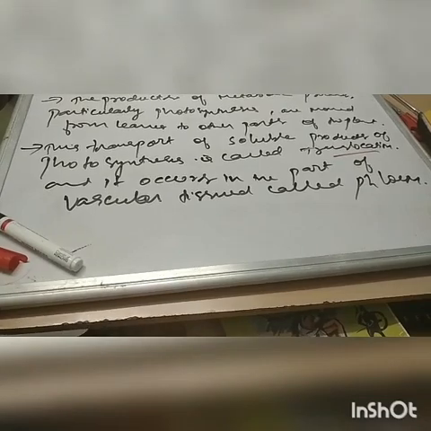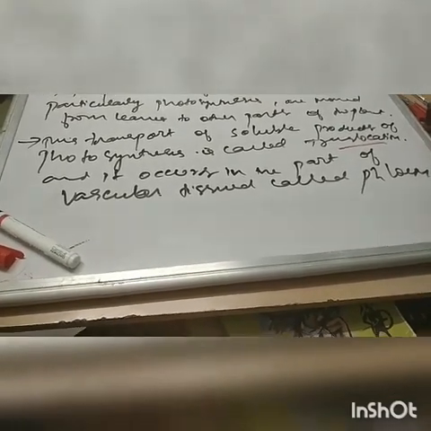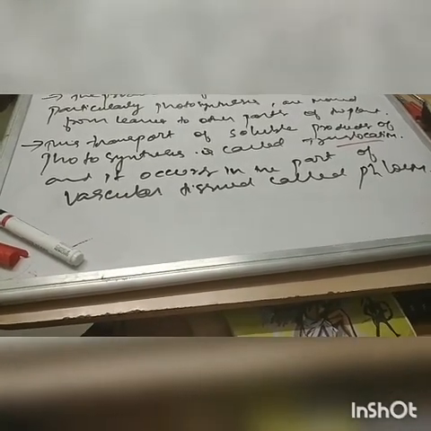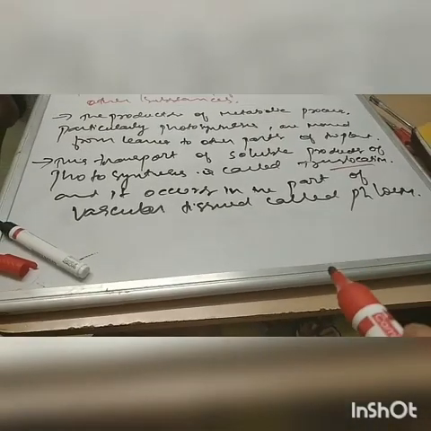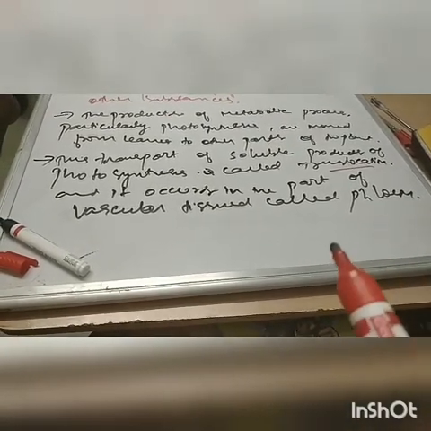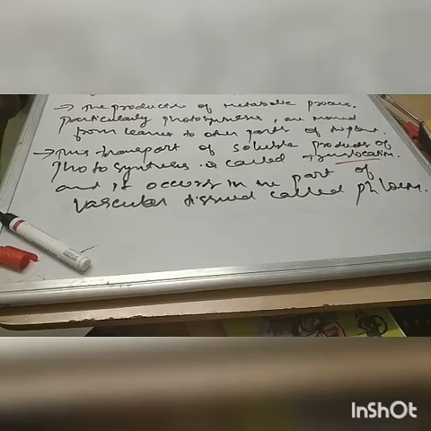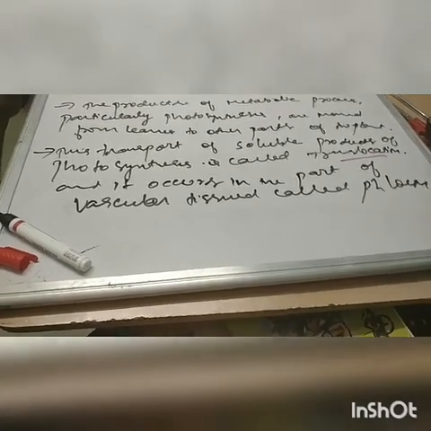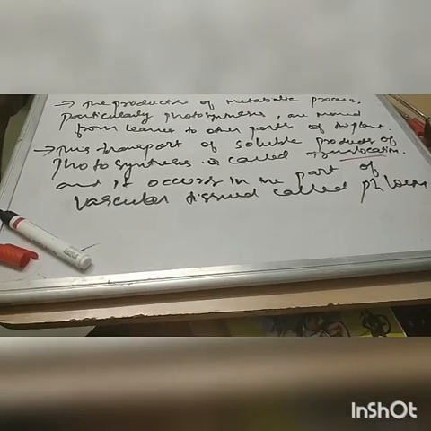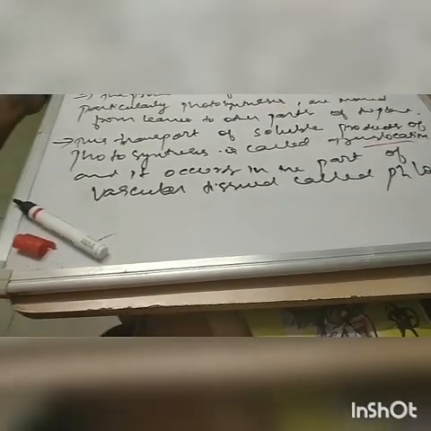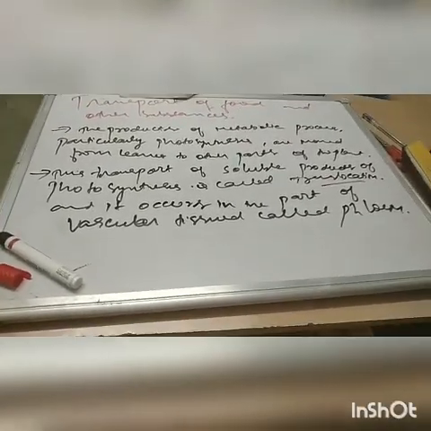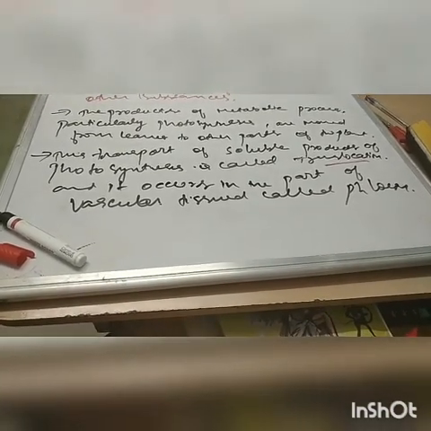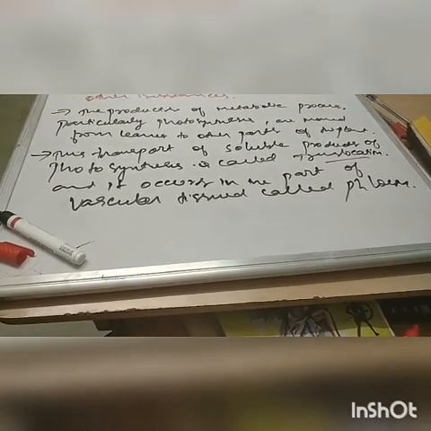Transpiration means pulling off water from the aerial parts of leaves. And the vascular tissue involved is xylem, right? So this is something you have to be very clear about.